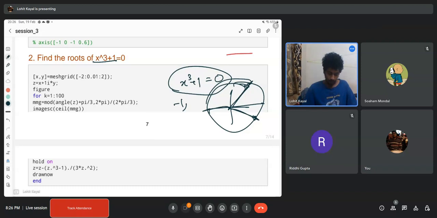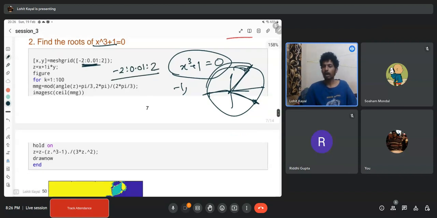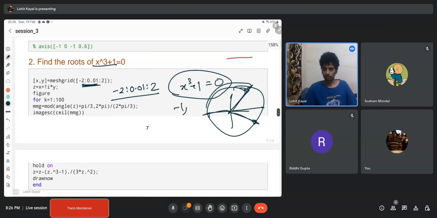So here my idea is to take the entire xy plane. This is my range, minus 2 to 2 with step 0.01. This is my minimum, this is my maximum, and this is my delta x, the step size. Similarly, for y, I am also taking this.